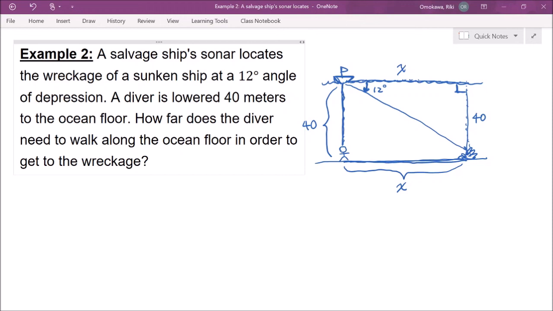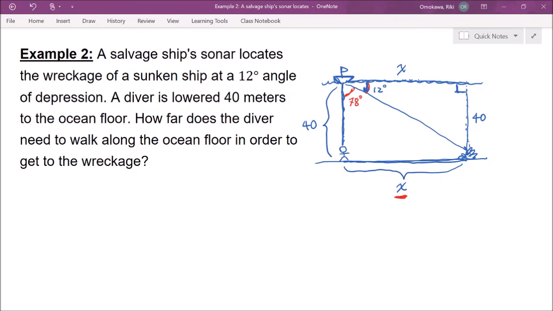Or you could even say this right here is a total of 90 degrees, and if we're using up 12 degrees here, then how many degrees are left out of 90? 90 minus 12 is 78 degrees. And now again, you can do SOHCAHTOA with this triangle. So it's kind of overwhelming, but the point is there are many different ways you could do this, and even though those ways are different, you'll still end up with the same distance for the x here.